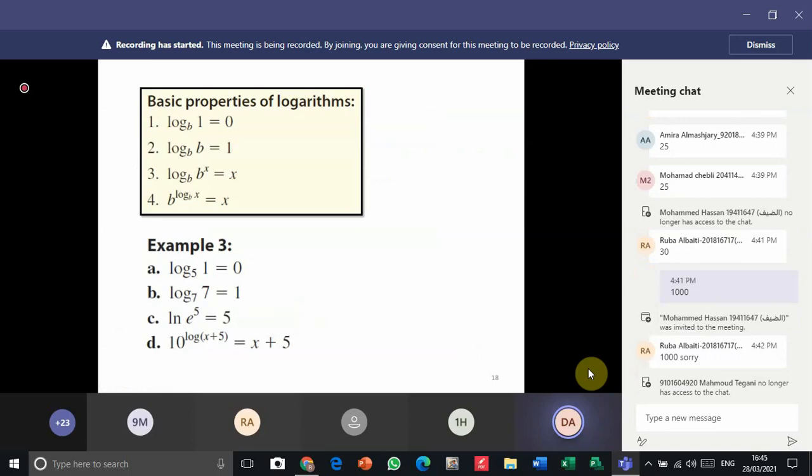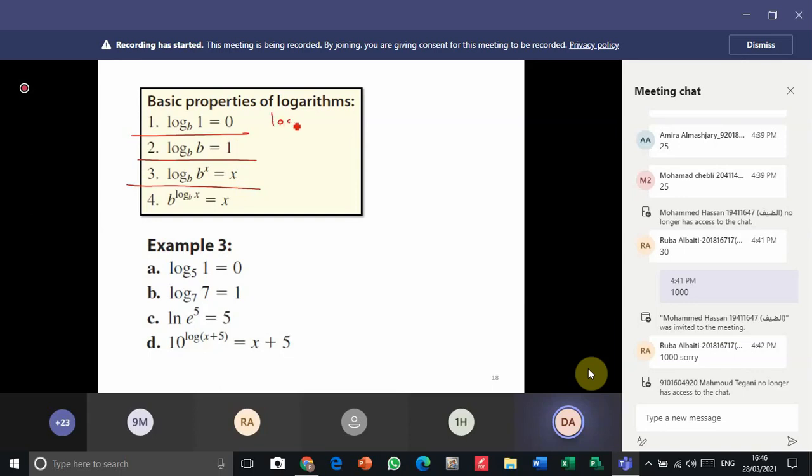We have important properties in logarithm. These are four very important properties. Look at this. Logarithm of 1, or ln 1, always equals 0 for any base.